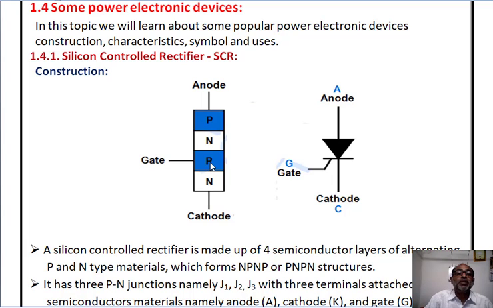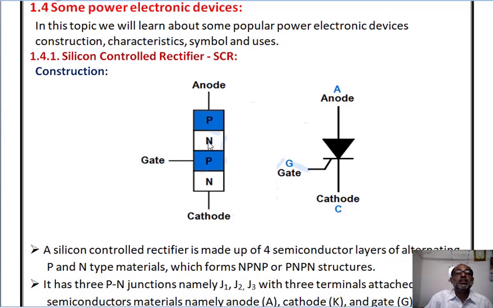That means this P-type material is placed on the first N-type layer, another N-type layer is placed on the first P-type layer, and the second P-type layer is placed over the second N-type layer. So here, due to these four layers, three junctions are formed.